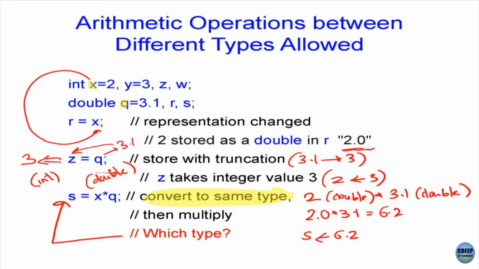Then you multiply 2.0 into 3.1, and that is 6.2. So you basically now evaluate the expression. It's 6.2. Now it has to be assigned. What is the type of s? Double, which is fine, there's compatibility. So therefore s is assigned the value 6.2.